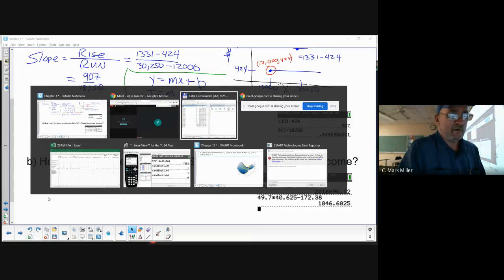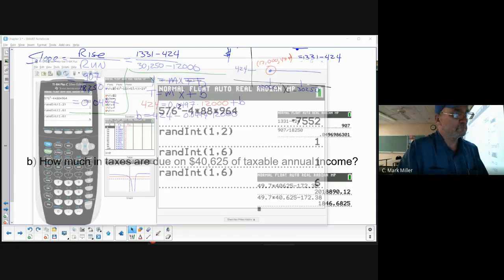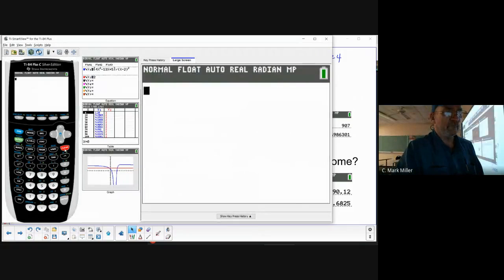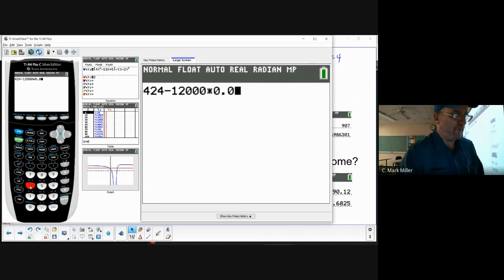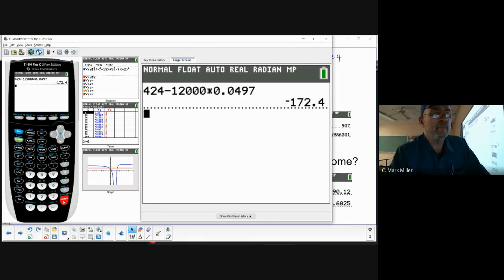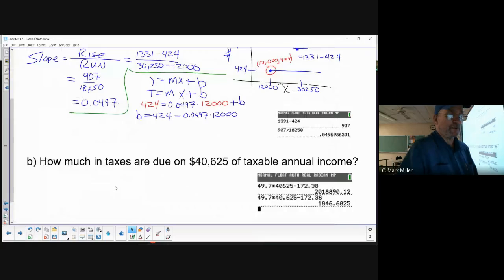Let's go to our calculator. $424 minus 12,000 times 0.0497. Minus $172.40. So it's minus.